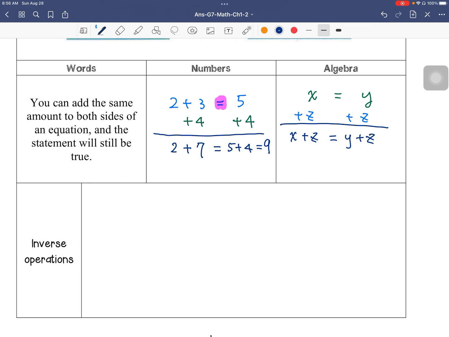So lastly, I want to talk again about inverse operations. When we isolate variables, we use inverse operations.